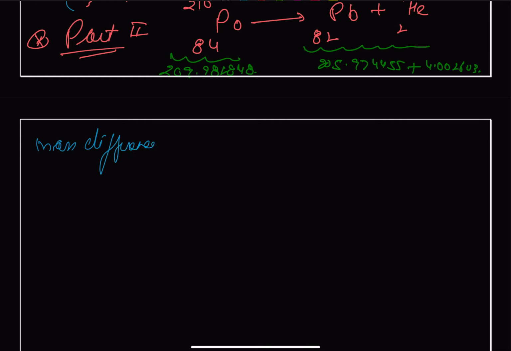Mass difference, that is our delta M, will be equal to our initial mass minus the mass of our lead plus the mass of our alpha particle. We know all these values.